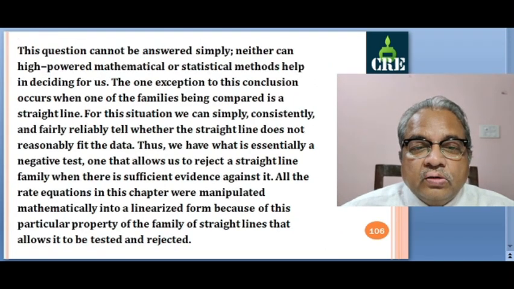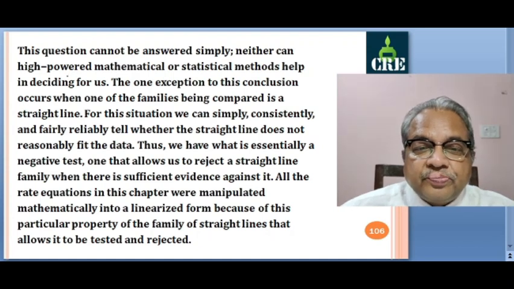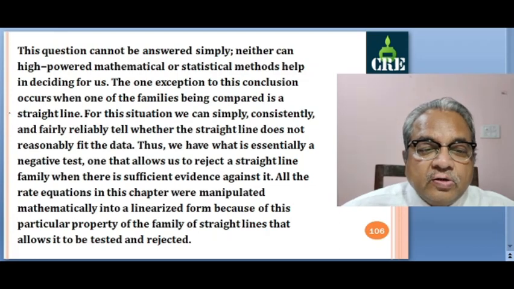This question cannot be answered simply. Neither can high-powered mathematical statistical methods help us in deciding on this. The one exception to this conclusion occurs when one of the families being compared is a straight line.